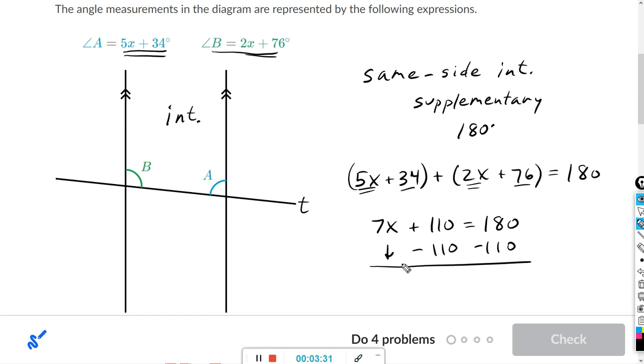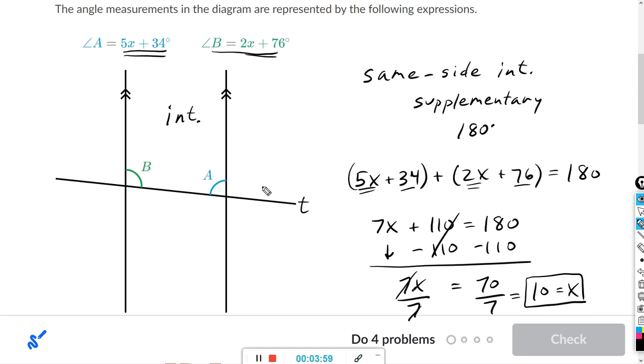Bring down your 7x. 110 minus 110 cancels. 180 minus 110 is 70. Solving for x, we divide both sides by 7. 7 divided by 7 cancels, and 70 divided by 7 is 10. So x equals 10.